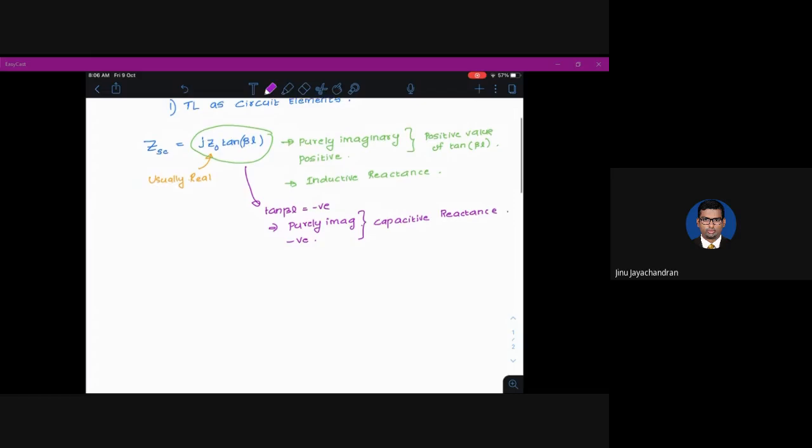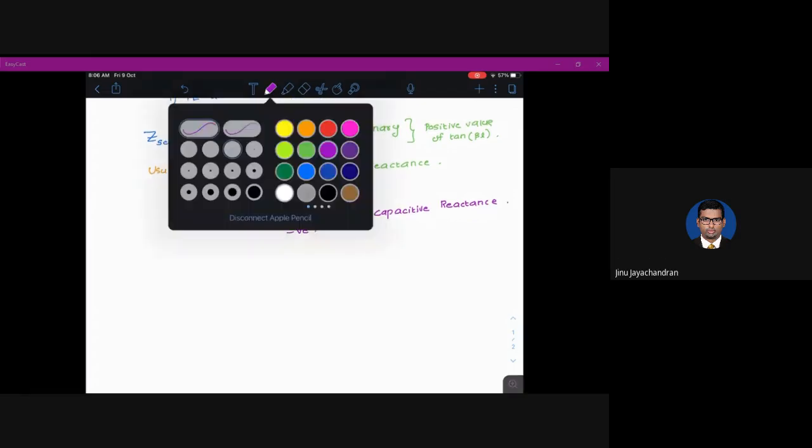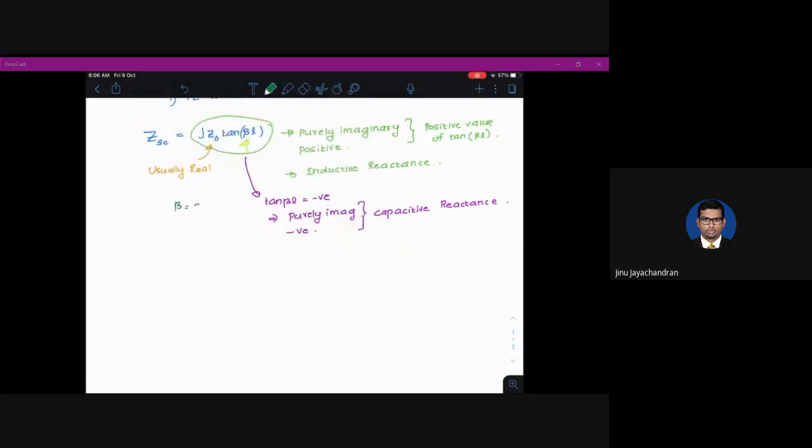And you see in this equation, the value of β is constant. The value of β is equal to 2π by λ. But in any transmission line, this is an input impedance.